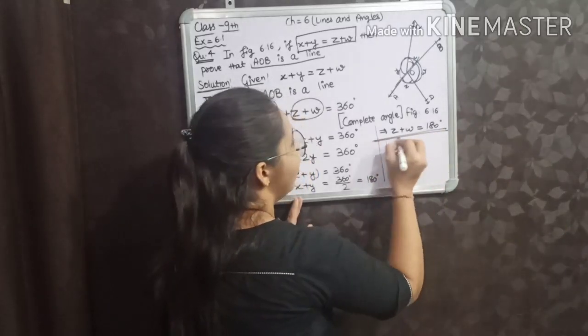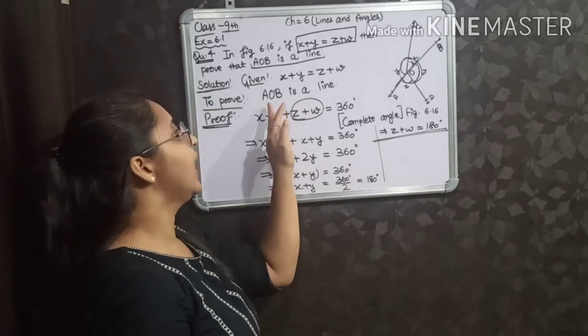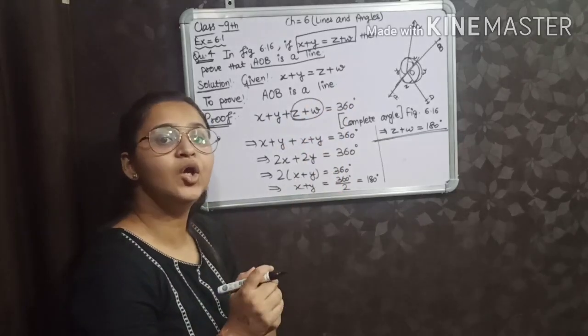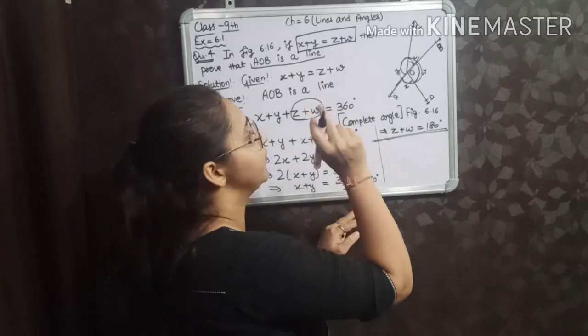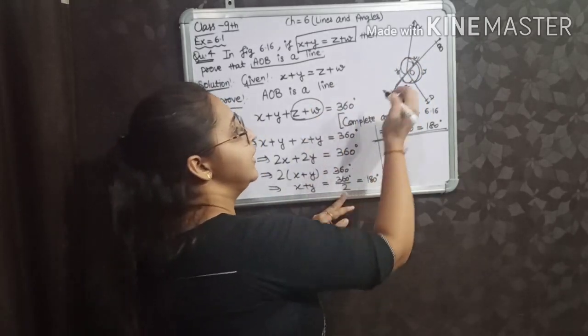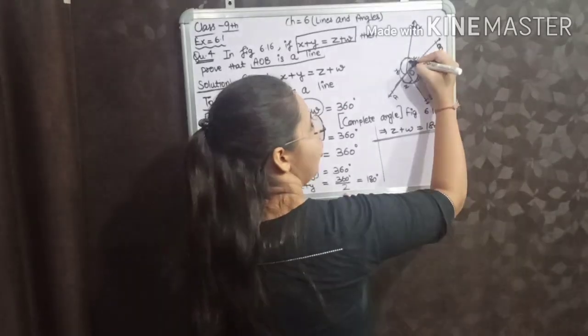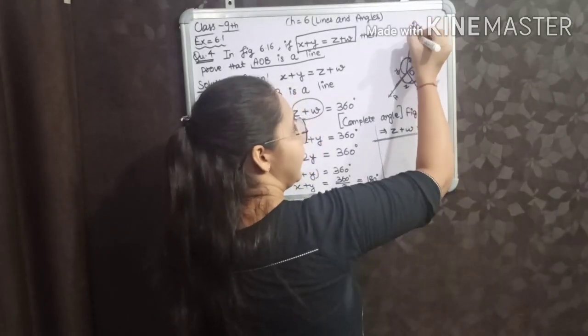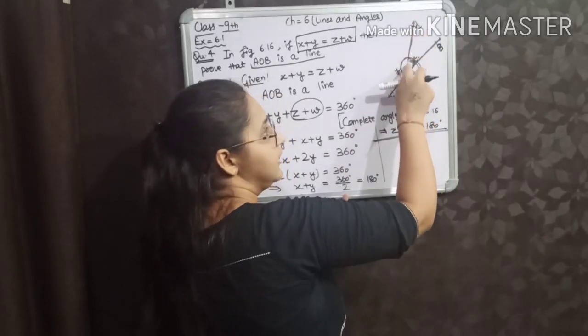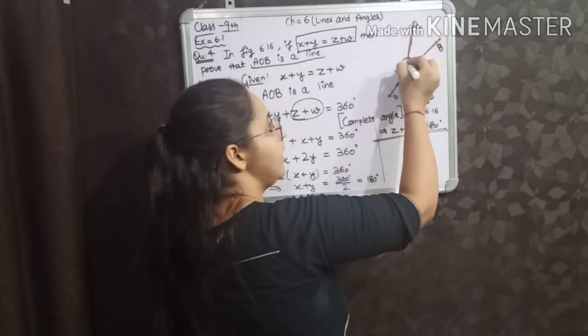Now what do we have to prove? We have to prove that AOB is a line. Now see, where is angle x and where is angle y? Here is angle x, this angle, and this angle is angle y.